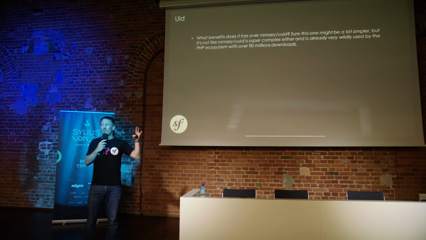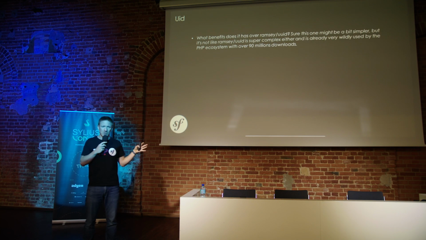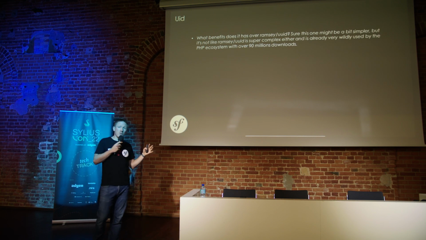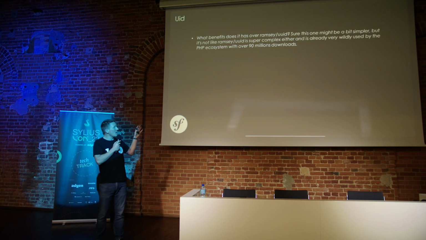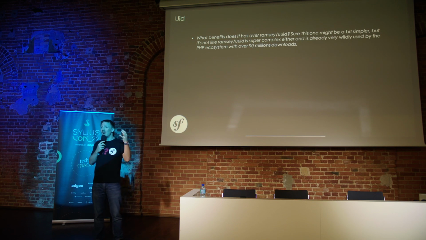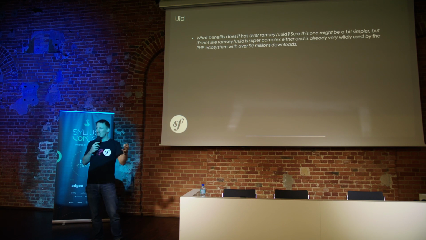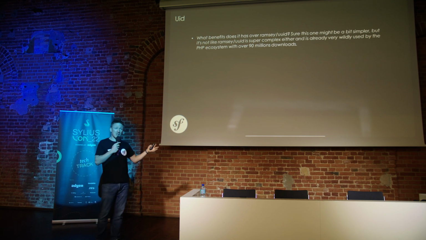Ramsey UID is over-engineered. There are too many internal abstractions. You can change the way math computation is done inside the component. You can change the way random numbers are generated inside the component. And that is useful if you have a need to change the math computation implementation or the random number implementation. Do you have a need for that?